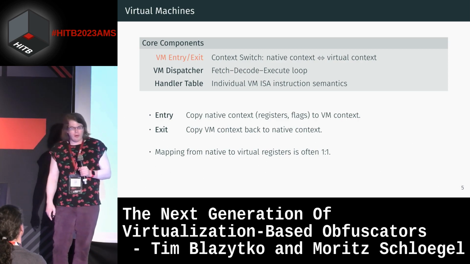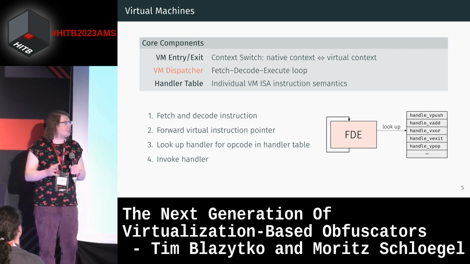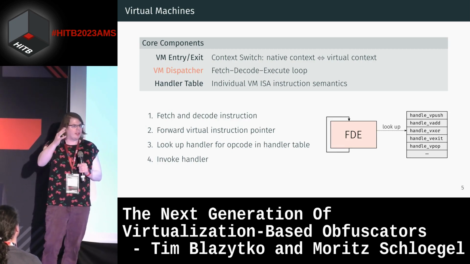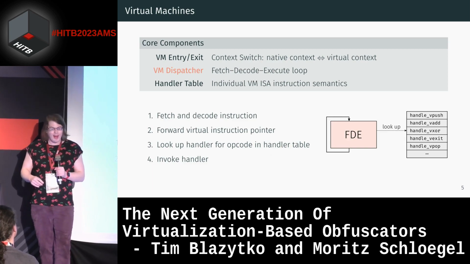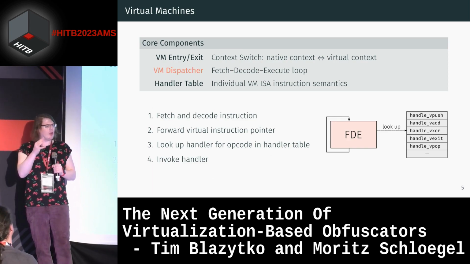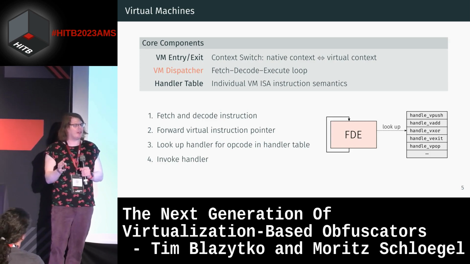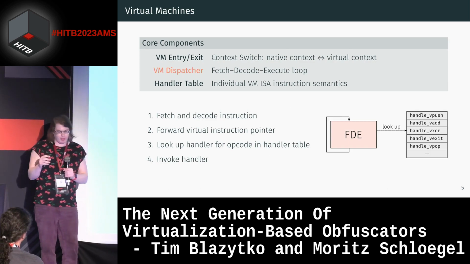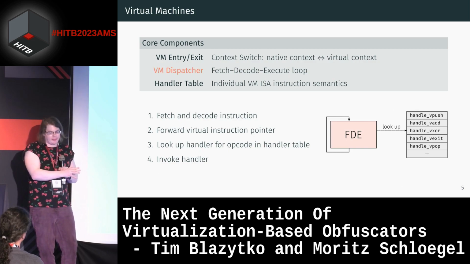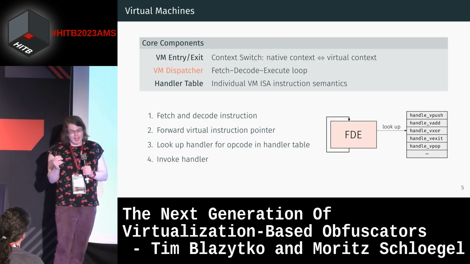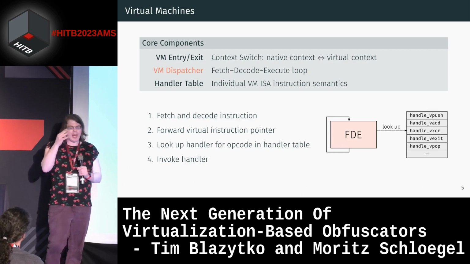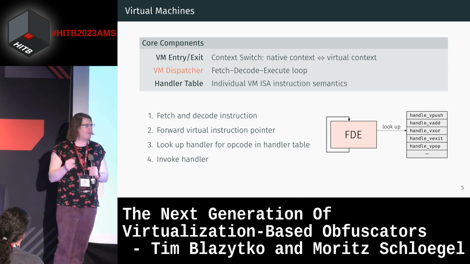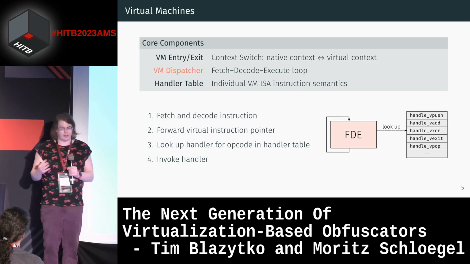Then we have a VM dispatcher. The dispatcher is the software implementation of the CPU's fetch, decode, execute loop. It starts by fetching some bytes of the bytecode and decoding the actual instruction. Then we forward the virtual instruction pointer and pass the opcode, the operation which represents whether we have a virtual addition, a virtual multiplication, and so on.